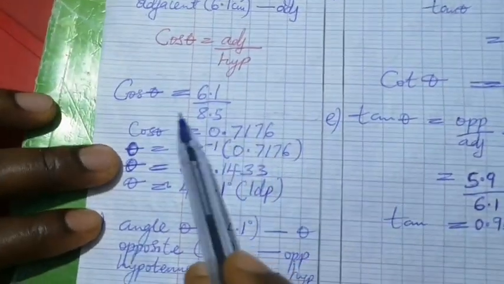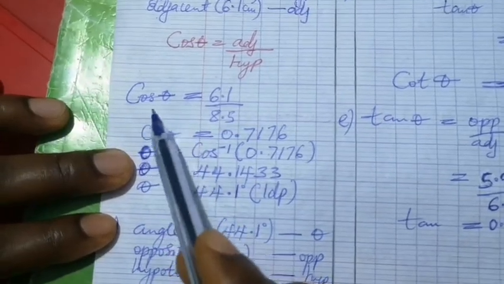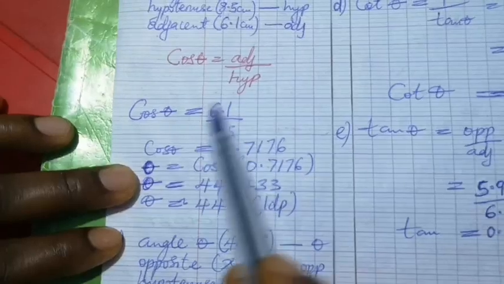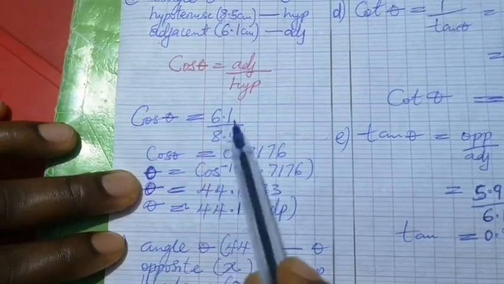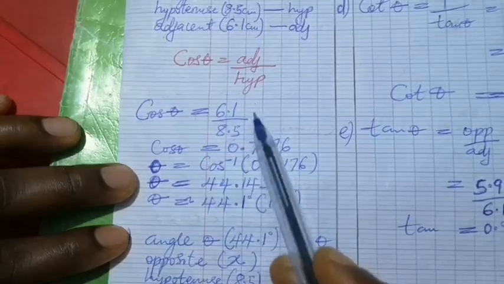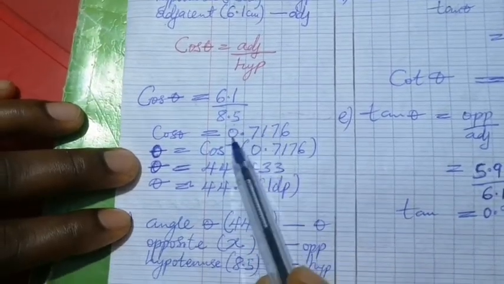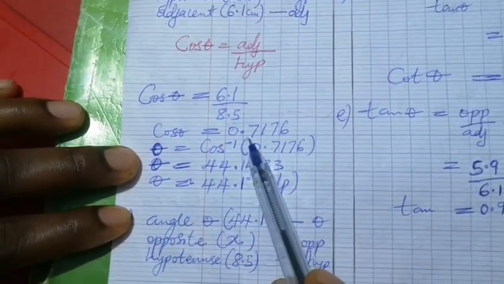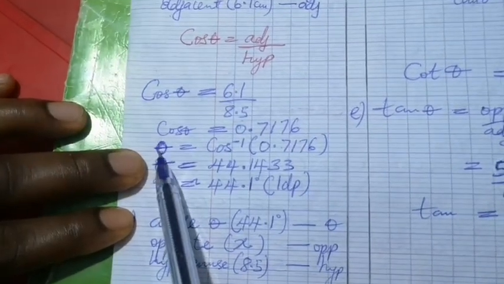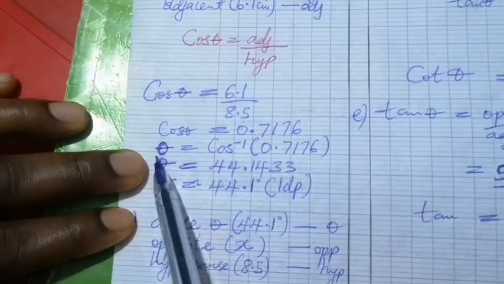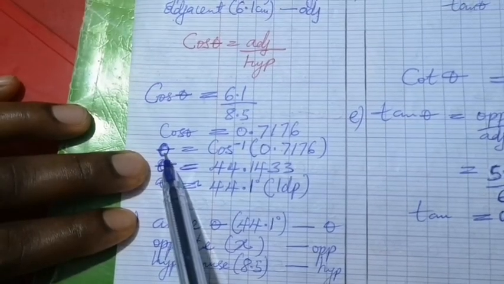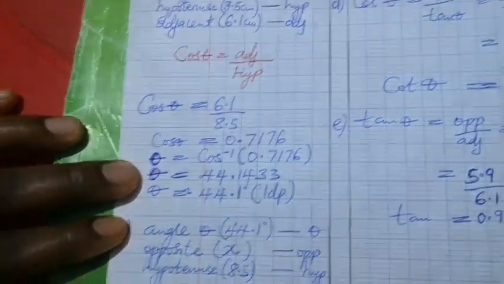So now because we are looking for theta, we'll just replace all these things with the value we have, so that our cos theta will now become 6.1 all over 8.5. So by the time you divide this, you will have 0.7176. Now because we are looking for theta and not cos theta, we'll now find the cos inverse.